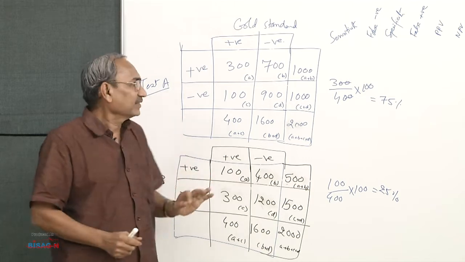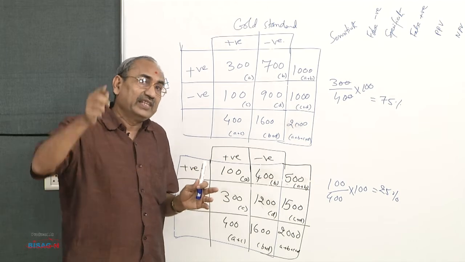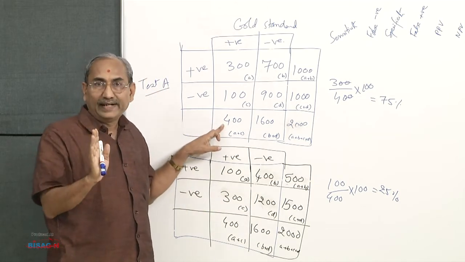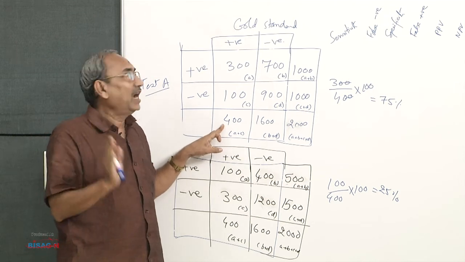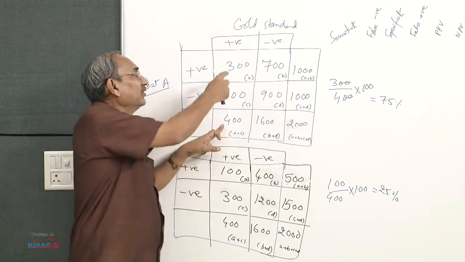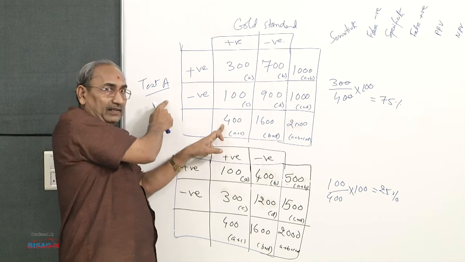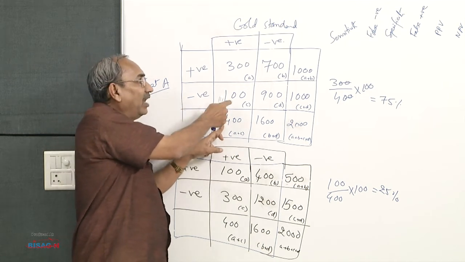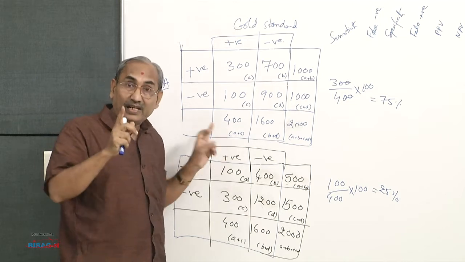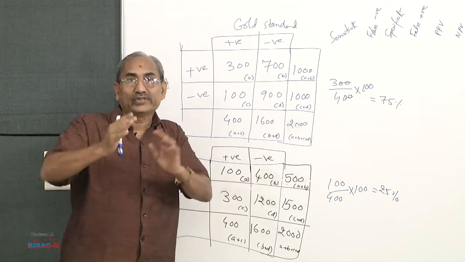So, in this case, how many were labeled as negative even though they were positive? There are 400 positive cases according to our gold standard. Out of that, 300 were labeled as positive, but test A labeled 100 people negative. So 100 out of 400 were labeled as negative even though they were positive.